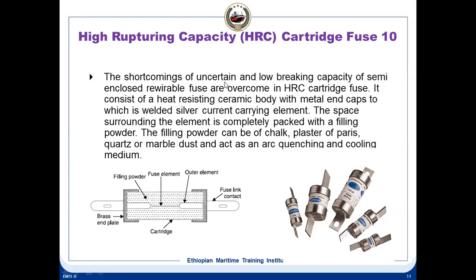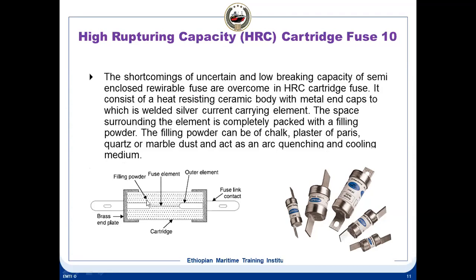The shortcomings of uncertain and low breaking capacities of semi-enclosed rewirable fuses are overcome in HRC, high rupturing capacity fuses. It consists of a heat resisting ceramic body with metal end caps, to which the silver current carrying element is welded. The space surrounding the element is filled with powder.